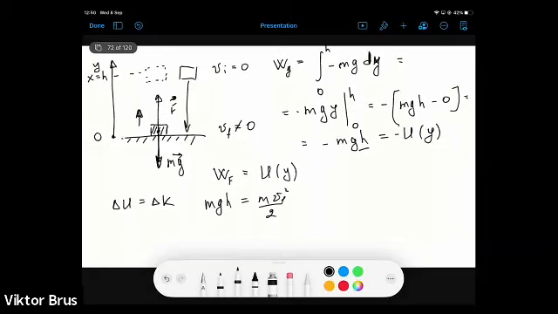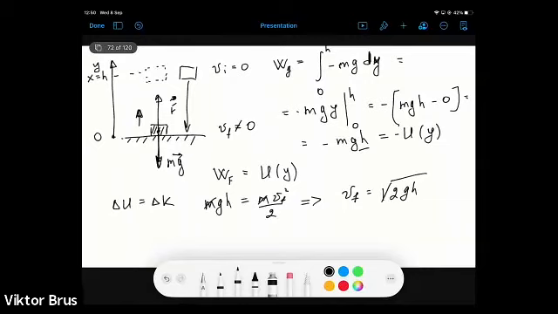So we can put here final. From here we cancel out mass and easily determine our final velocity, which will be speed, equal to square root of 2gh.